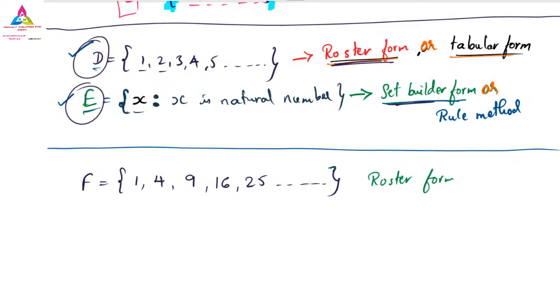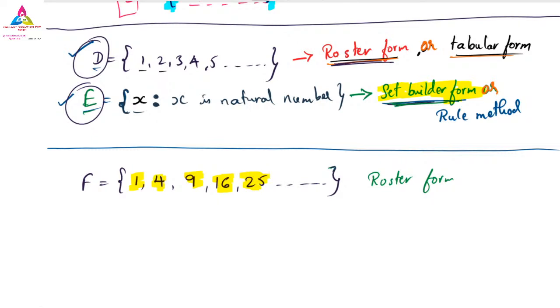There is only one thing we have to remember. Yes, that is correct. We have to find the logic behind this question. First we have 1, then 4, then 9, then 16, then 25. So what is the logic behind this?